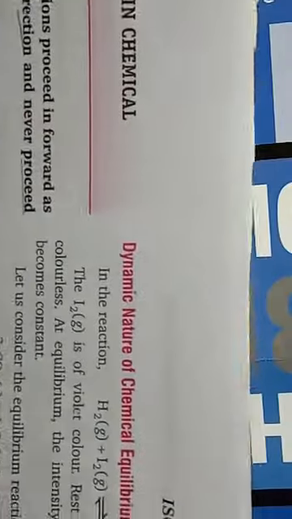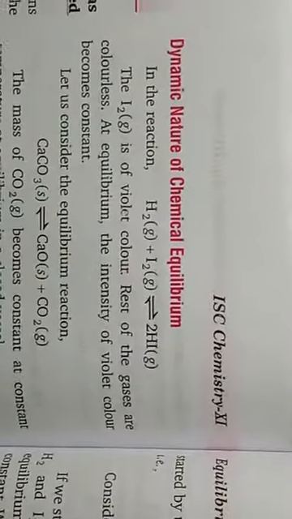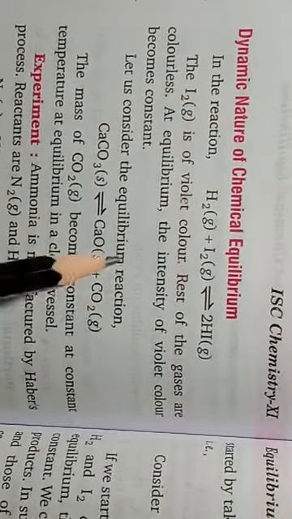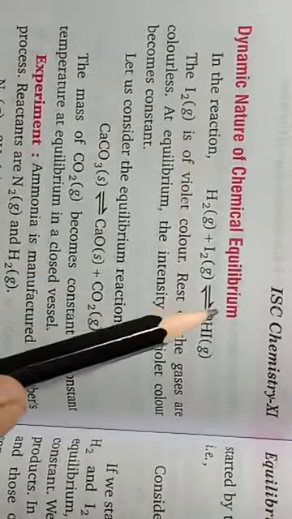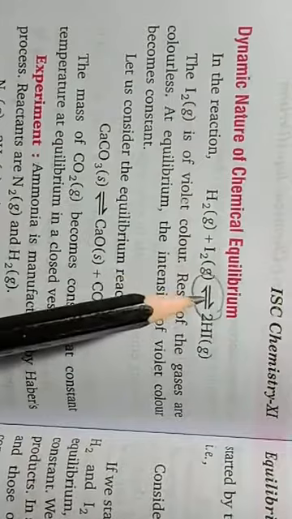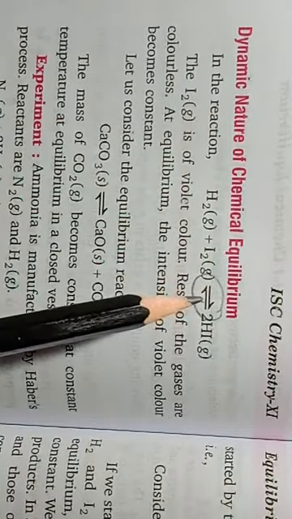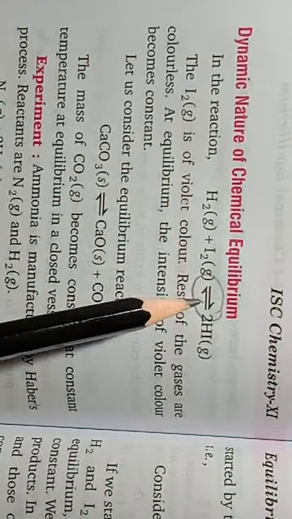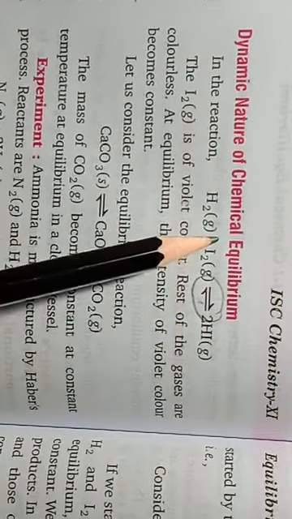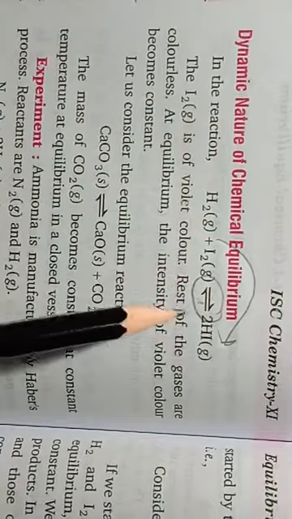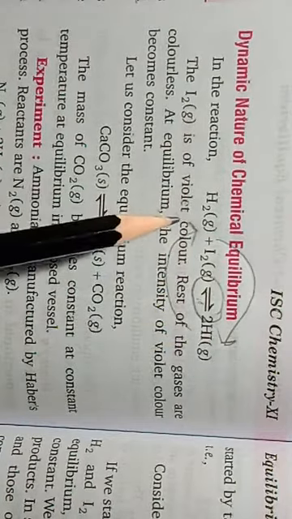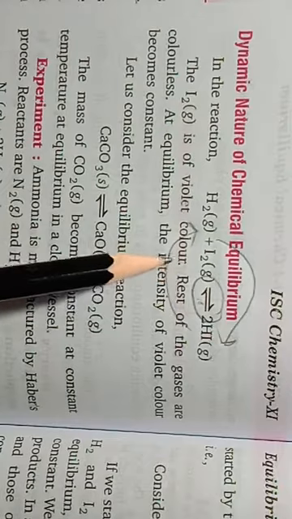Okay, students. Then the second heading is the dynamic nature of chemical equilibrium. Chemical equilibrium is a dynamic state of a reversible reaction. It means that at the equilibrium state, the reaction from reactant to product and from product to reactant is continuing.